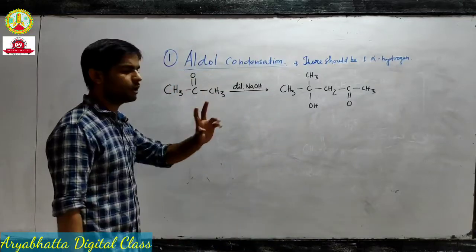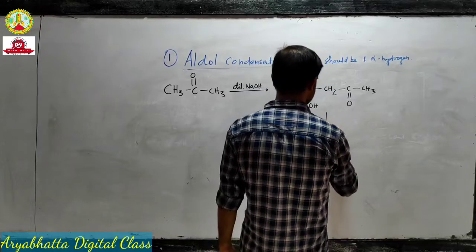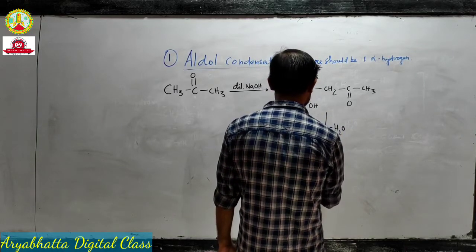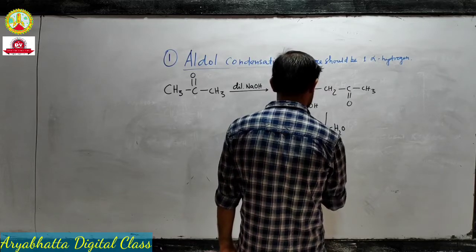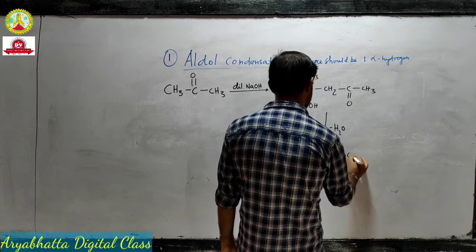These two carbons are actually important in this reaction, and from this we will have a beta elimination and we will get a product like this. So we'll get something like this.